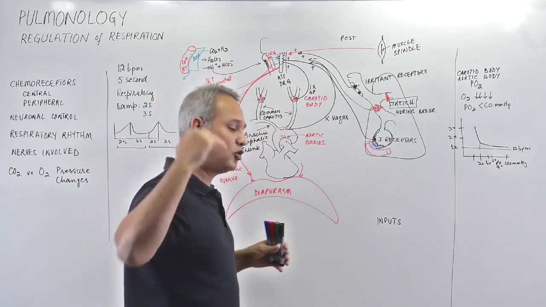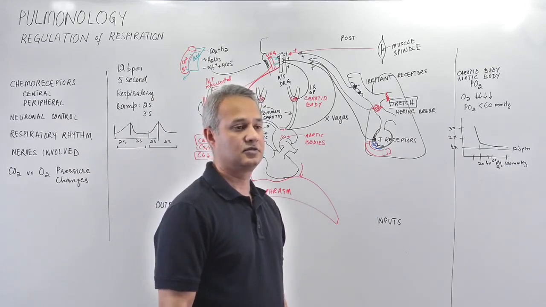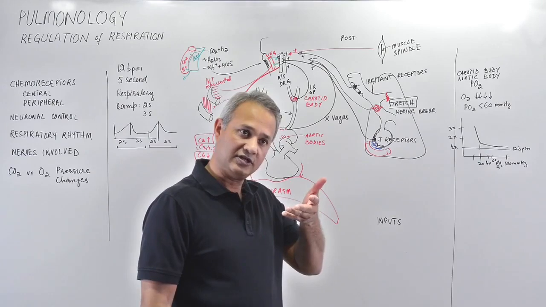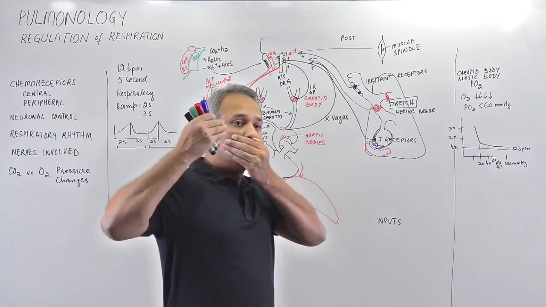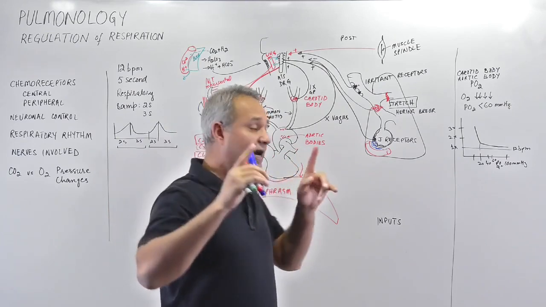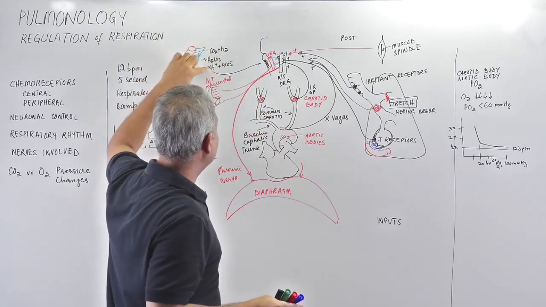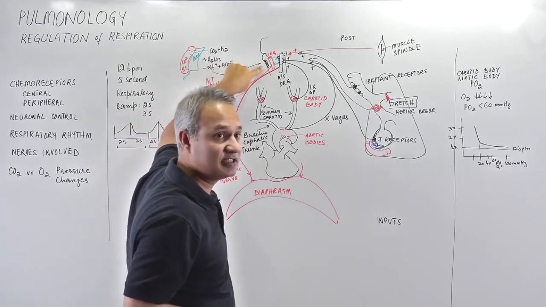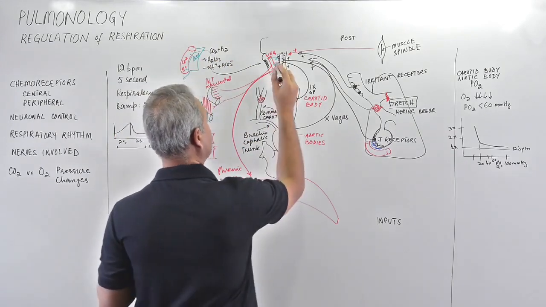If carbon dioxide is more, for example, if I start hypoventilating, hypoventilation would increase carbon dioxide. If I stop my breathing, carbon dioxide levels are increasing. That would increase carbon dioxide in the CSF from the blood. That would cause more hydrogen ions to be produced, decreasing pH. That pH affects the ventrolateral surface of the medulla. There are sensors there, and what would they do?